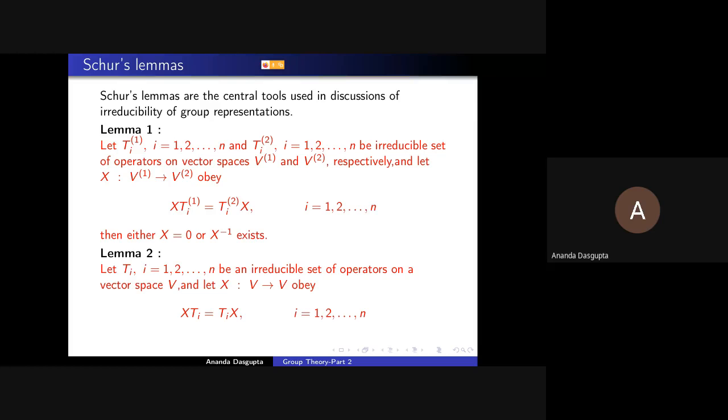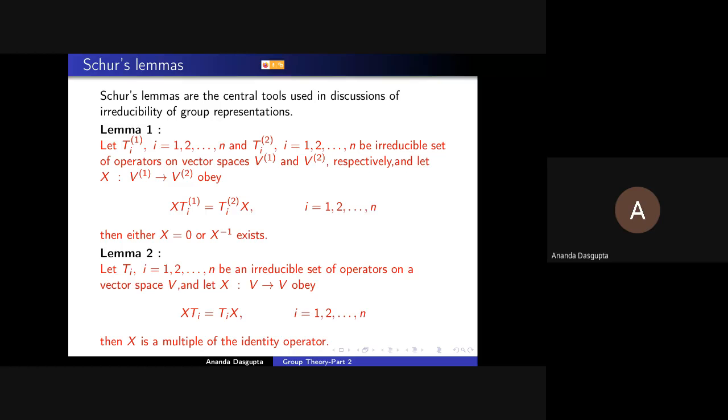If X commutes with every member of an irreducible set of operators, then lemma 2 demands that X must be a multiple of the identity operator. So that puts a huge restriction on possible X's. It's not unique, but it has to be a multiple of the identity. Of course, you might say 0 will work, but 0 is also a multiple of the identity operator. It's just 0 times the identity operator, right?